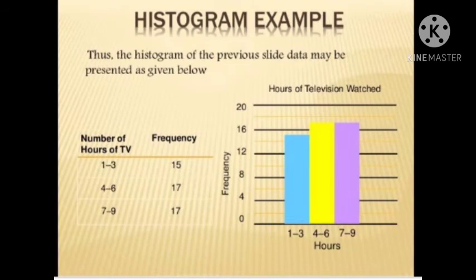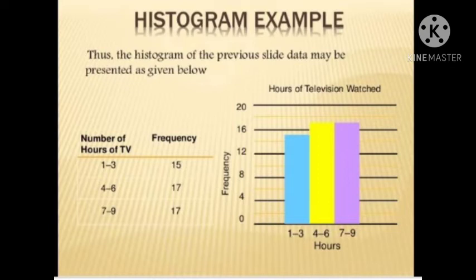See, we need an x-axis and a y-axis. Along the x-axis we write the number of hours of TV, and along the y-axis we write frequency. See the figure. In this manner we can arrange the rectangles. There is no gap between these rectangles.